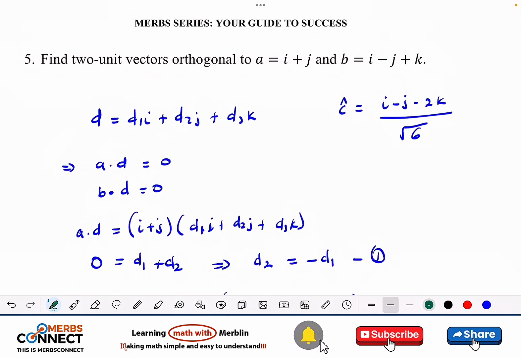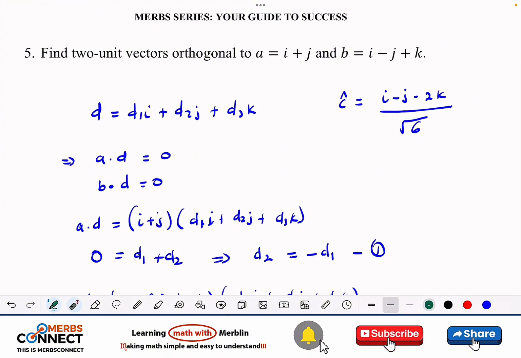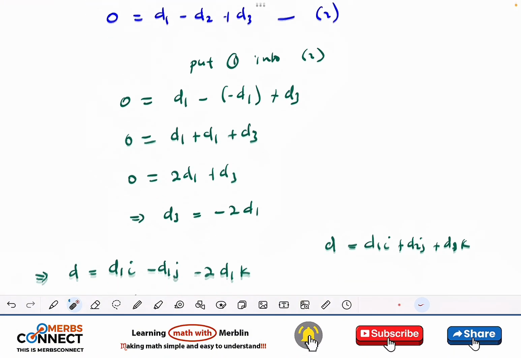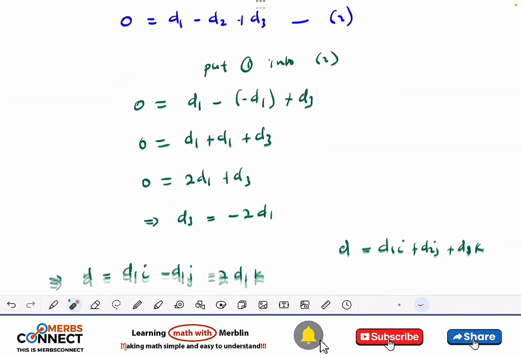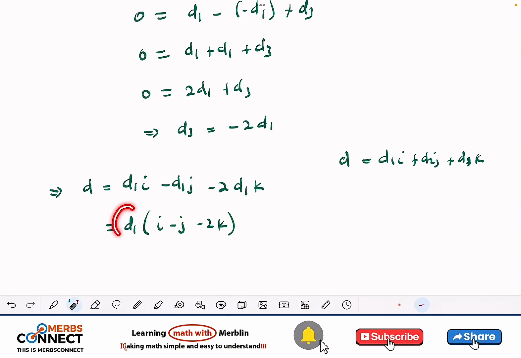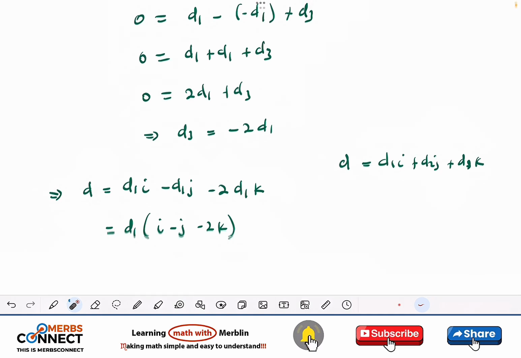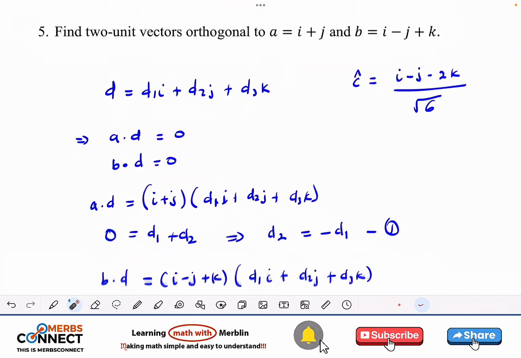So what do you see here? Look at this. Look at what is here. This is ijk. Almost the same thing. But the only thing that is changing here is this guy here, right? That's this guy there. Yeah.